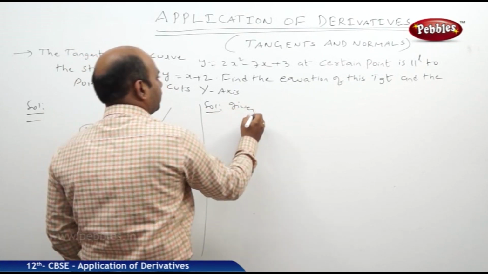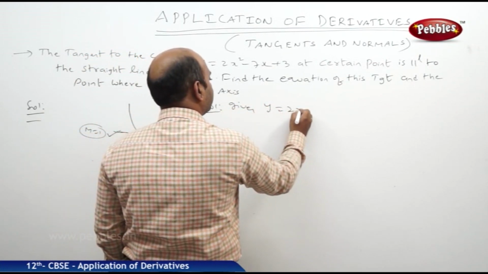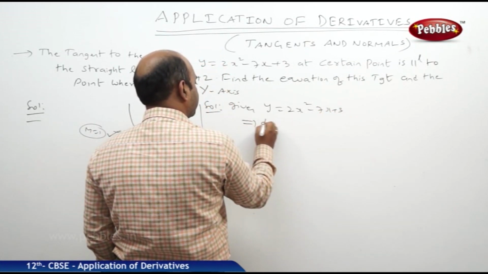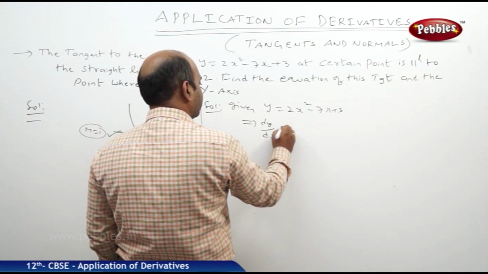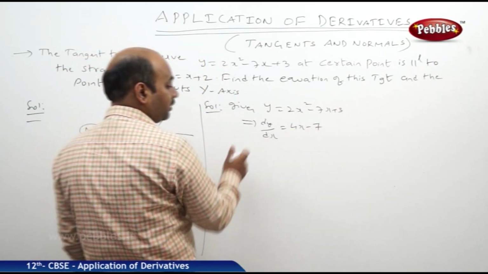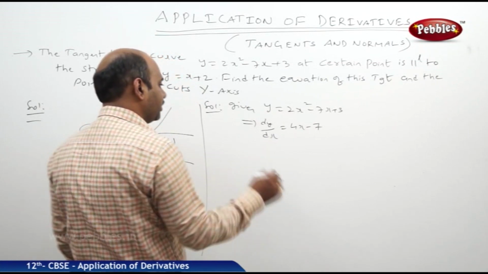Given y = 2x² − 7x + 3, I will find dy/dx. dy/dx is 4x − 7. That means dy/dx indicates the slope of the tangent.